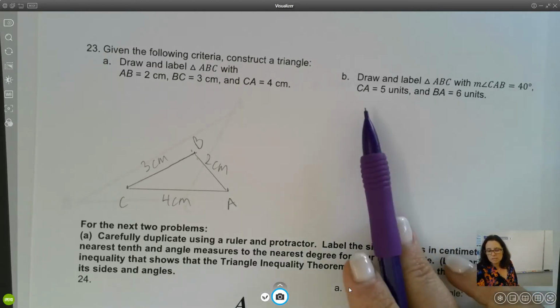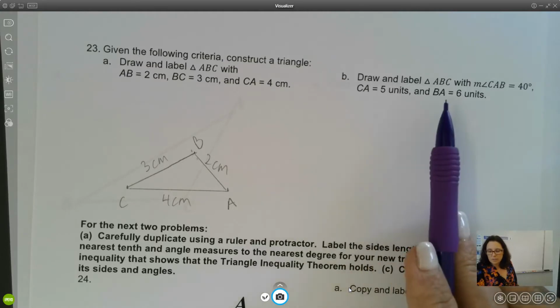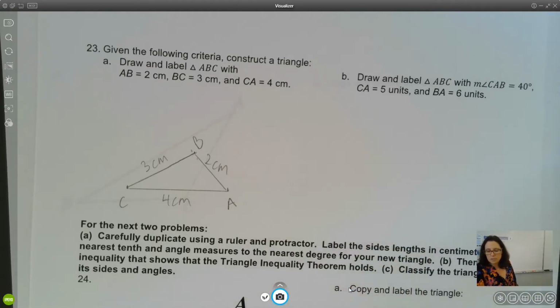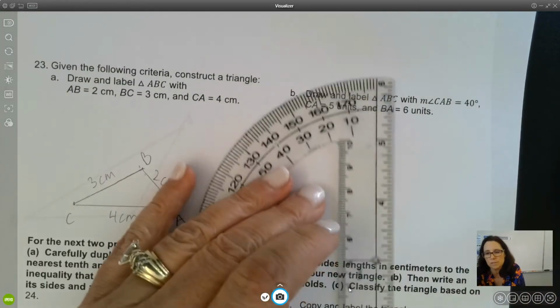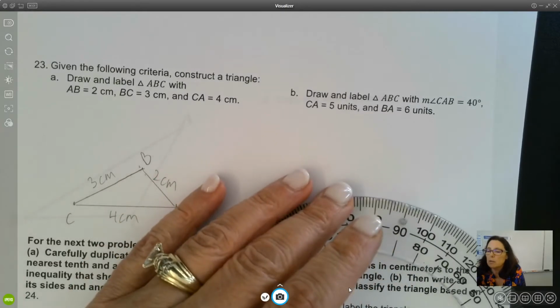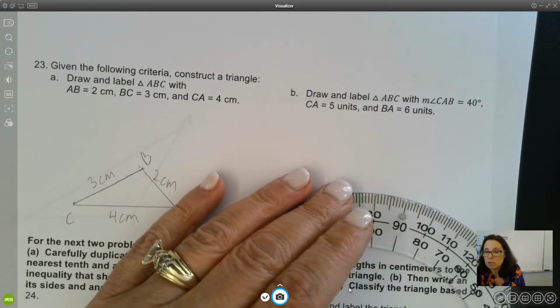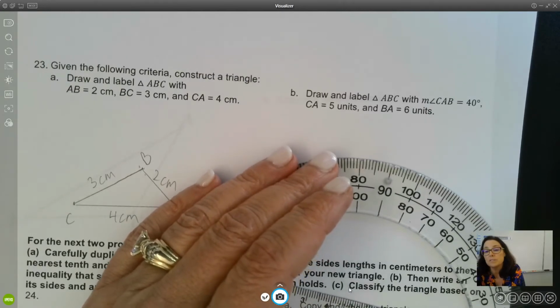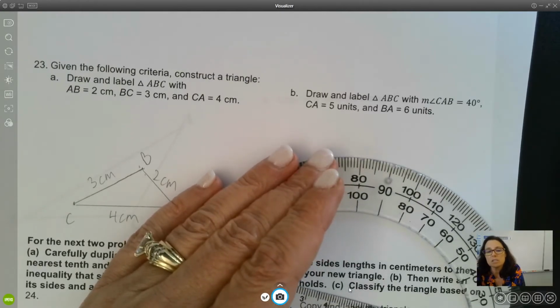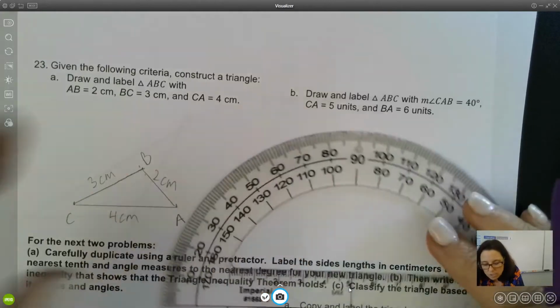Next, draw and label triangle ABC with measure of angle CAB 40 degrees, CA is 5 units, and BA is 6 units. So I'm going to put down my 6 units. The word units can be centimeters, inches, feet, or miles. We just need to stay consistent. I'm going to use centimeters.